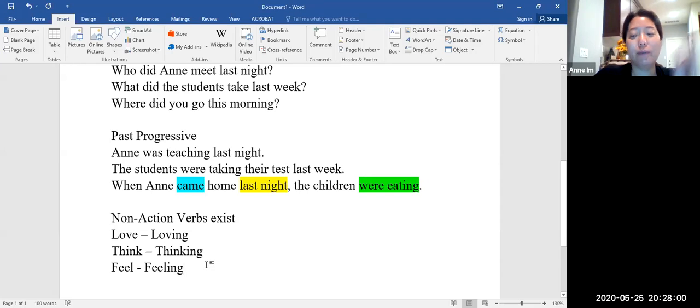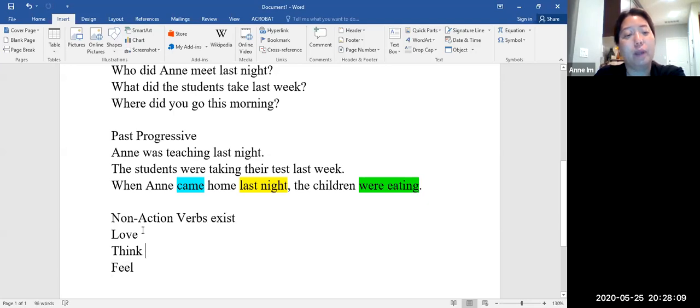Okay, so let me give you an example. Let me do love and think and feel. This is a non-action verb, which means you cannot use ing. I love English.